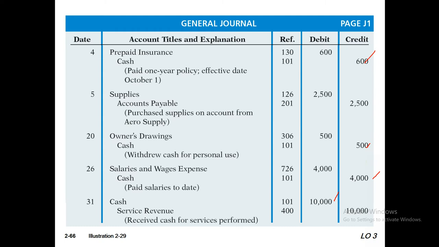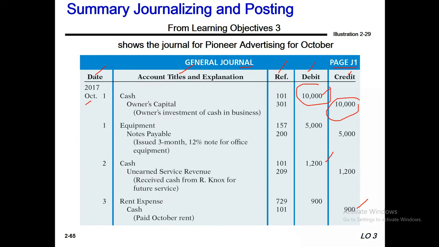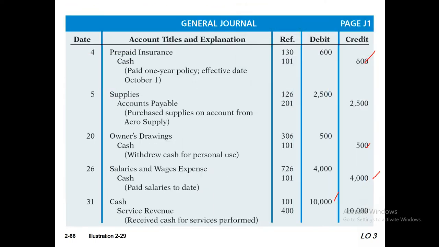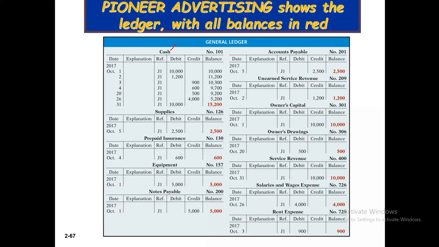So 1, 2, 3, 4, 5, 6, 7: these 7 balances we have got from our journal, and under this cash we consider all 7 balances.